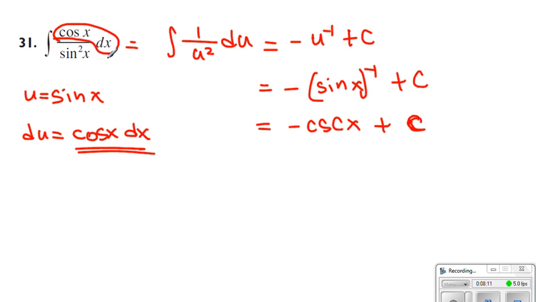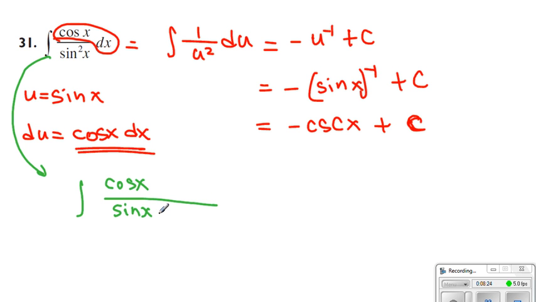Now, I'm not sure if you noticed it or not. A second way to do this question would have been this. This can be broken into cosine of x over sine of x times sine of x dx.